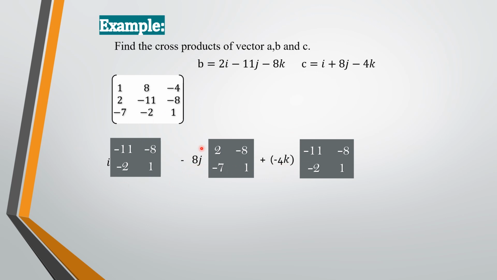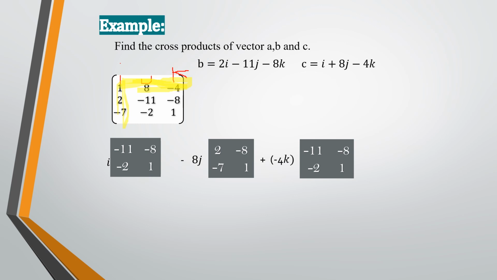For example, if we are getting i, we erase the i column, so the rest will be the given of i.